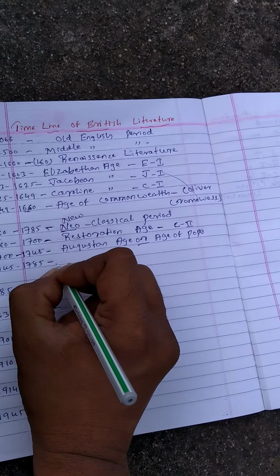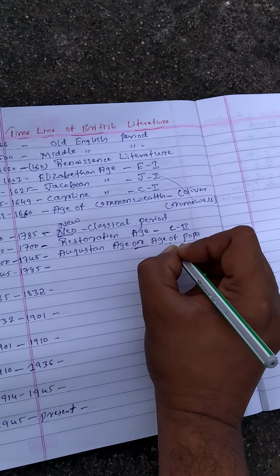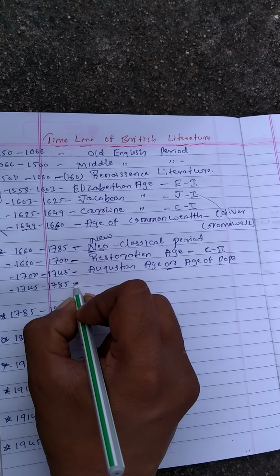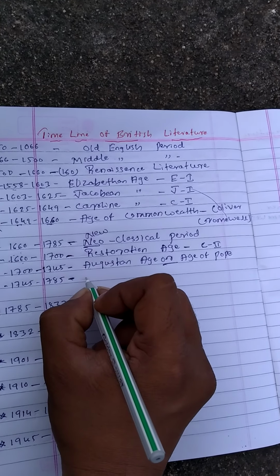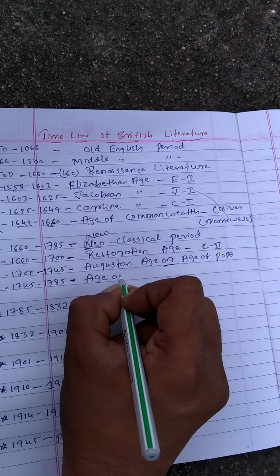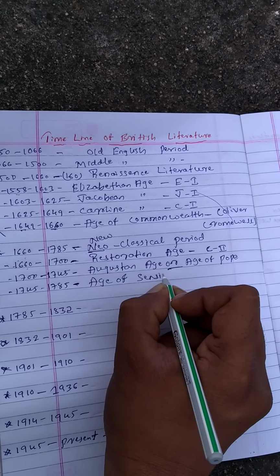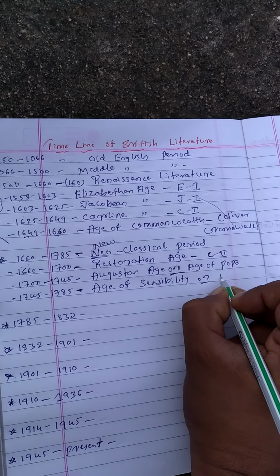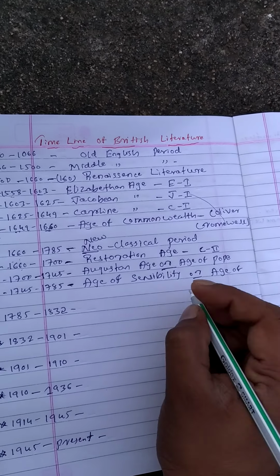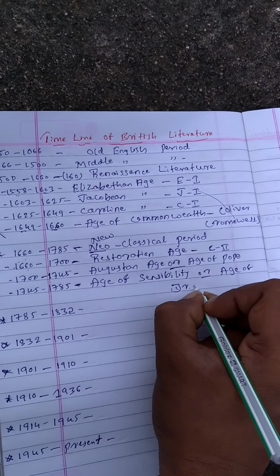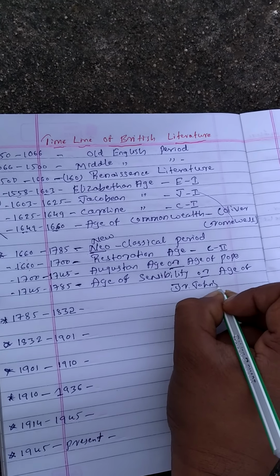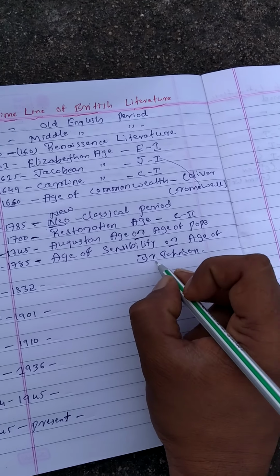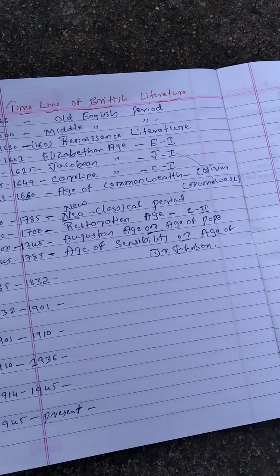After this, 1745 to 1785, we call the age of sensibility or the age of Dr. Johnson. This Dr. Johnson is totally different from Ben Jonson.